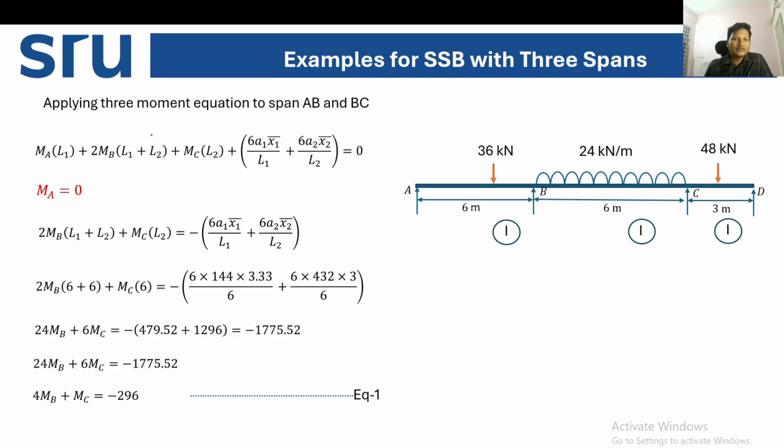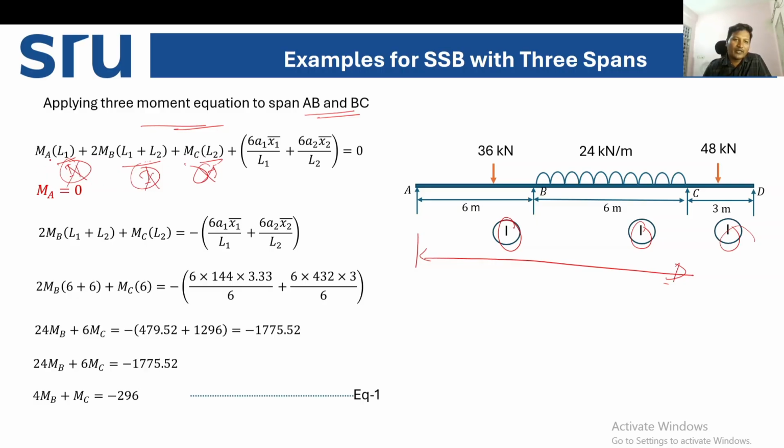If you apply the three moment equations to each span AB and BC, at a time we will write the equation for span AB and BC. What is the equation? As it is also given in the question that the flexural rigidity is constant throughout, no need to write the I values in the formula, because they will cancel later.